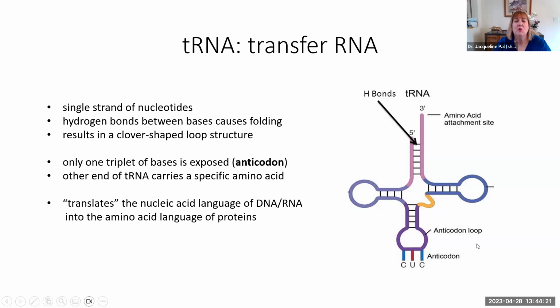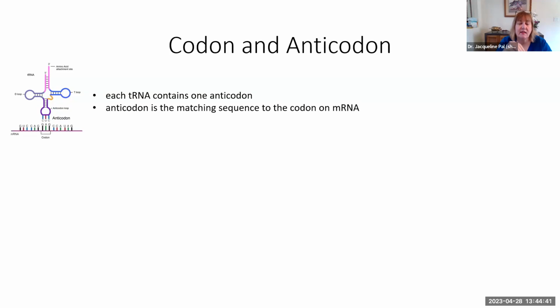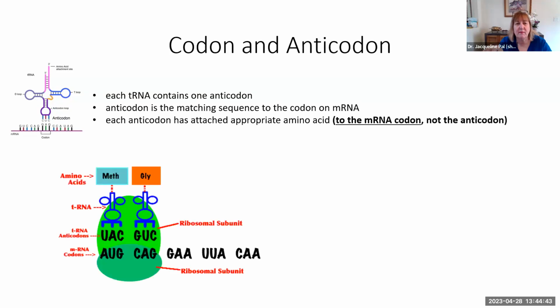Okay, so this is what is doing the actual translating from the nucleic acid language to the protein language. So in order to do that, it has to interact with an anticodon, and the anticodon has to interact with the codon. And so this is showing you, remember I said methionine was always the first amino acid and the codon was AUG.